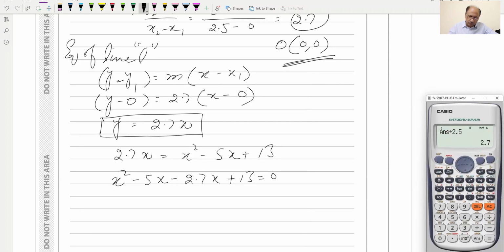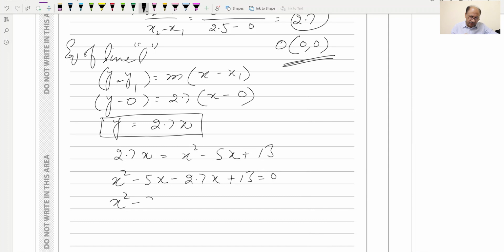Minus 5 minus 2.7 is minus 7.7x, so x squared minus 7.7x plus 13 is equal to 0.